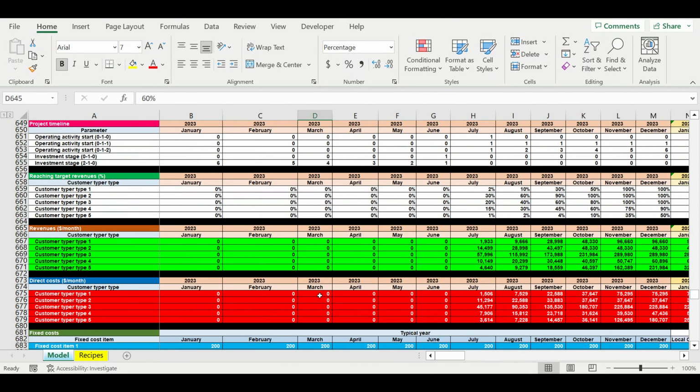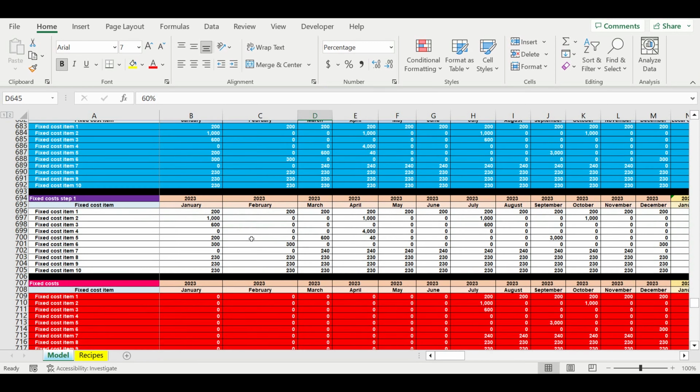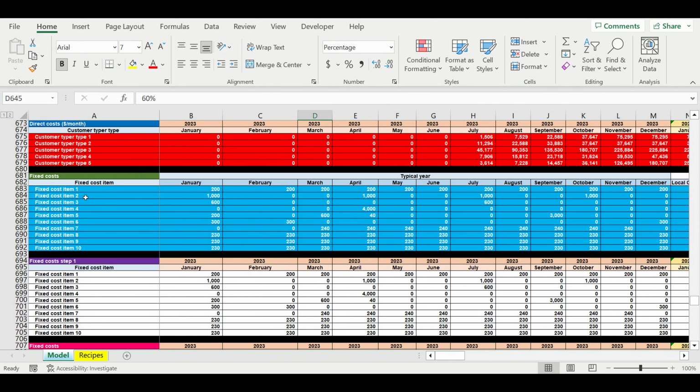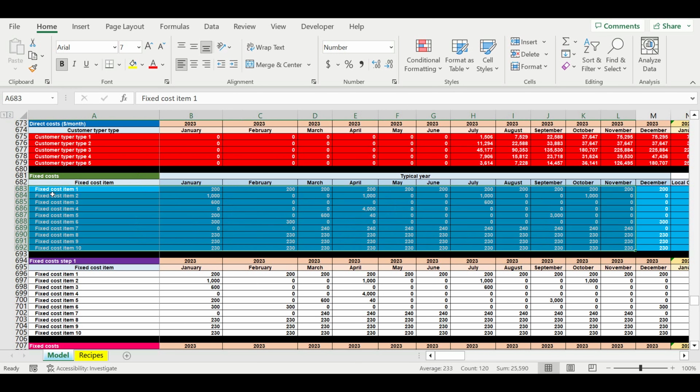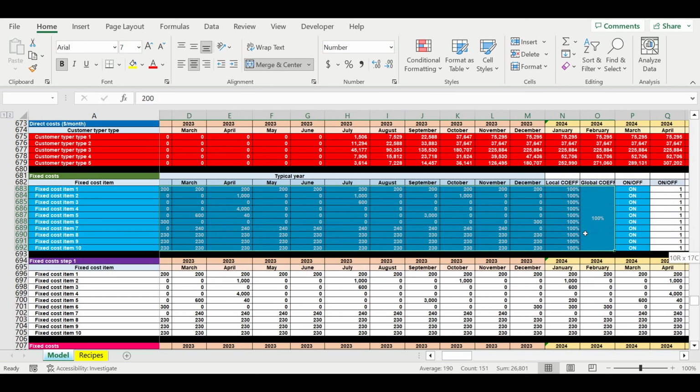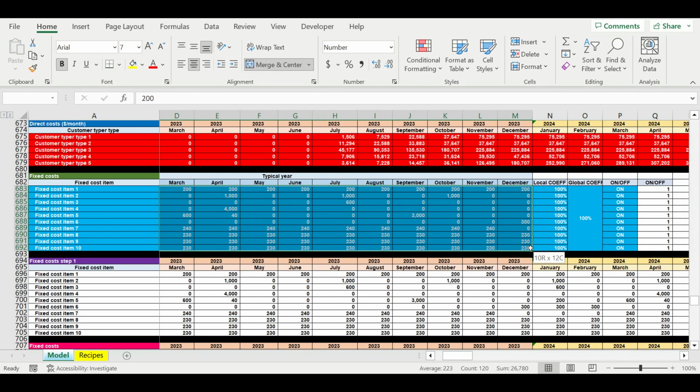Then we start working with fixed costs. Here we have the list of fixed costs. Here we have the typical year for fixed costs. Inside this typical year, if we do have some seasonality in these costs, we can specify the seasonality here.